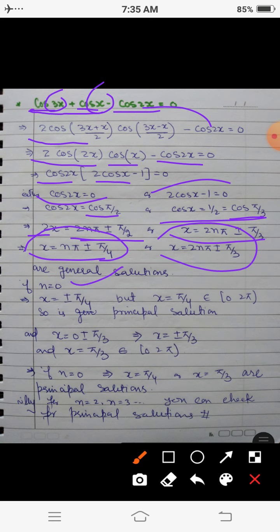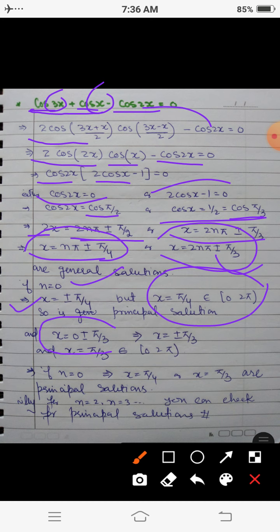Now we have to find the principal solutions from these two solutions. Firstly, if we put n equals 0, x equals plus or minus pi by 4, but minus pi by 4 does not belong to this interval 0 to 2 pi, so only pi by 4 is the principal solution. Similarly, from this equation, if we put n equals 0, we get x equals plus or minus pi by 3.